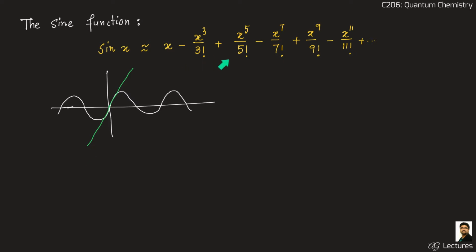In fact, each of them are odd functions. An odd function can never be represented by an even function on the right hand side. That's acceptable. But what I'm trying to say is that if we simply truncate this series at the very first term, this series will no more represent this function.